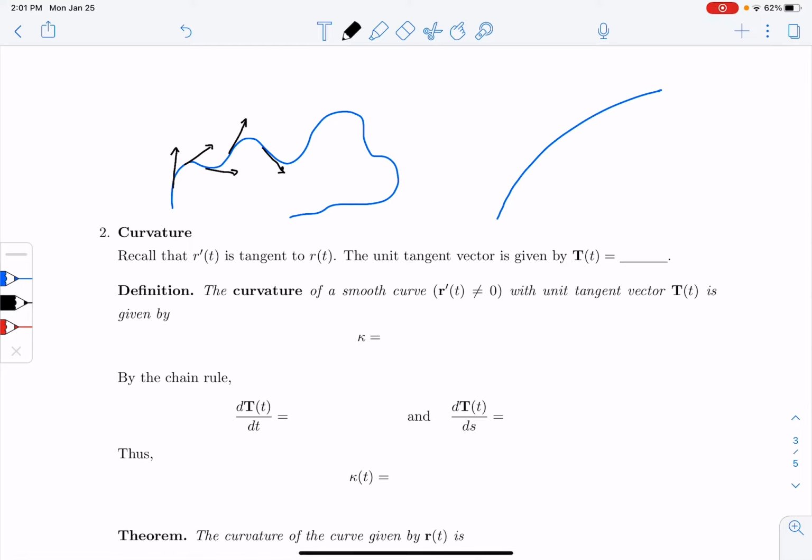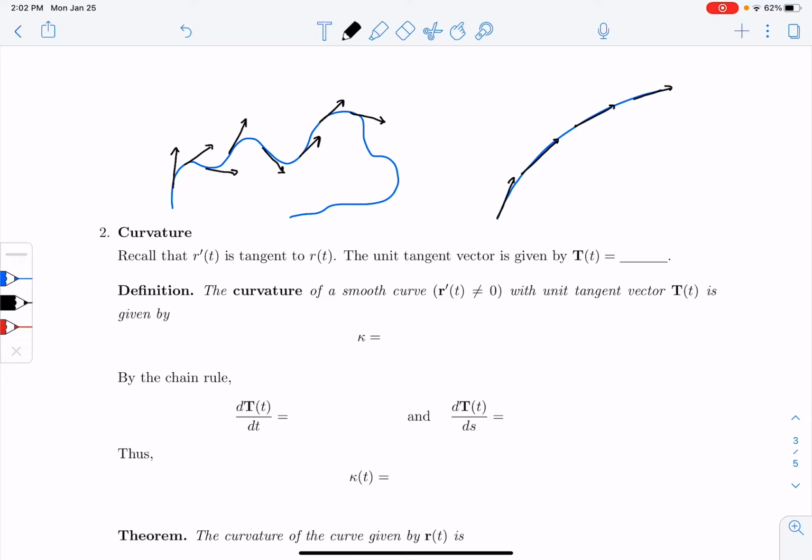Notice that for this curve, the tangent vector is changing quite a lot as I move through the curve. But for this, yes, the tangent vector is changing, but those changes are slower. So that's how we're going to develop the concept of curvature.